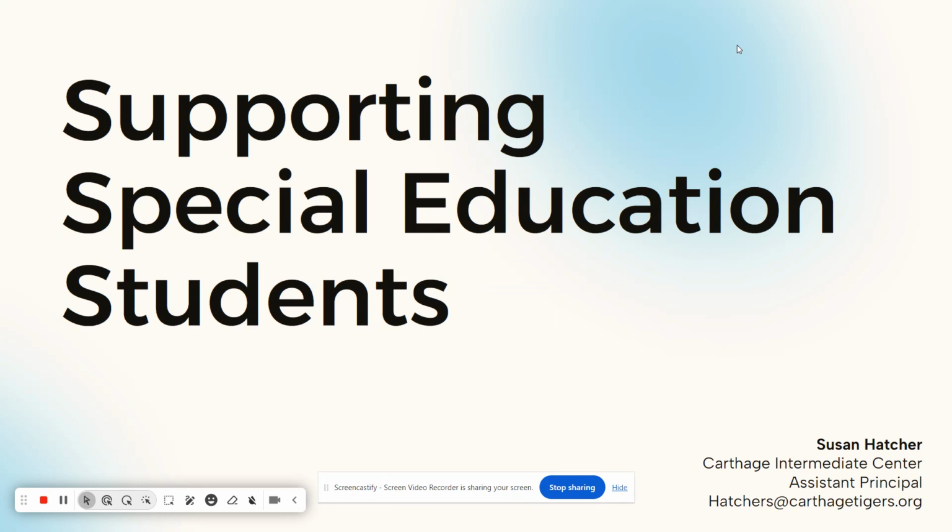I was originally going to talk about differentiation specifically, but when it came down to it, differentiation is just one piece of a bigger puzzle. Not only that, but there's not really a set standard of tools that you can apply to a lesson and just go, voila, I've differentiated.